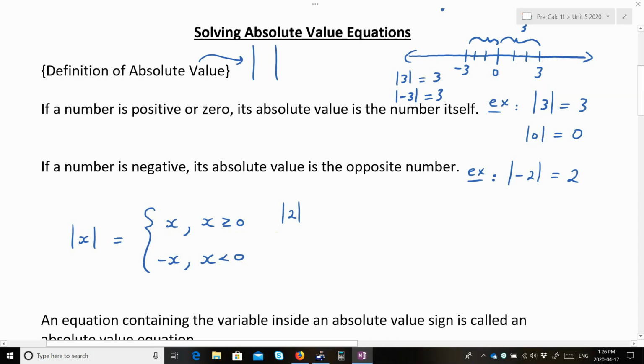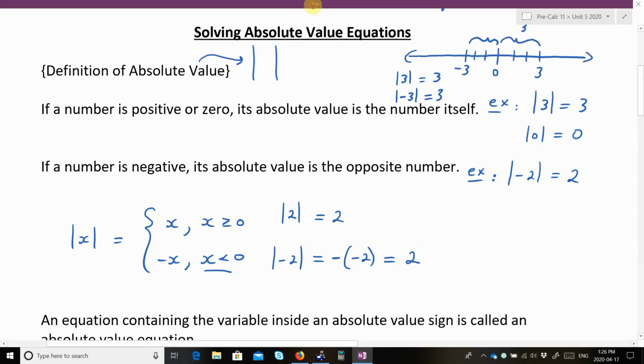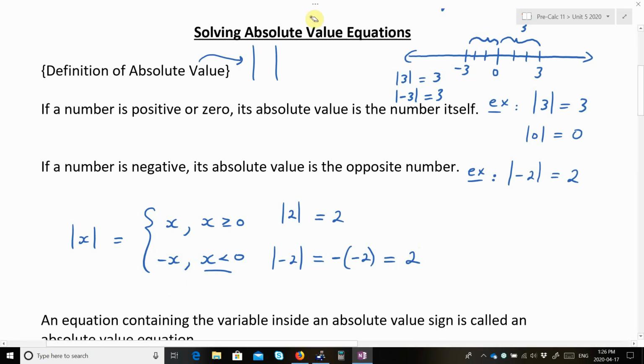The absolute value of 2 is just itself. If x is less than 0, let's choose negative 2, and we do the absolute value of negative 2. It says you're supposed to take the negative of that x value. So it's like you're doing the negative of negative 2, which makes it positive. Okay, so that's why the technical definition is written as shown there.